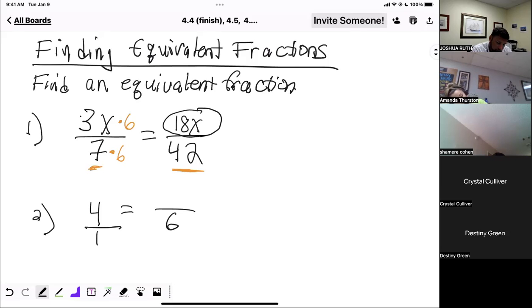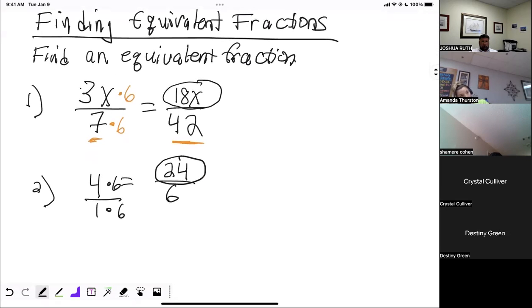It's a denominator, not the same, but I'm going to make them the same. 1 times 6 is 6. That makes them both the same. That means I had to multiply this by 6, which means my equivalent fraction, my fill in the blank, is 24. So figure out what you're multiplying to get the other, and that's what you're multiplying your numerator by to find the blank.